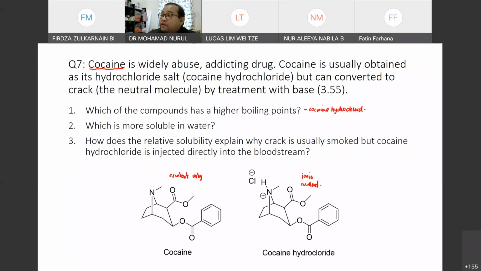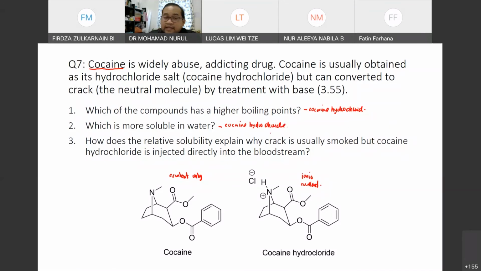And which one is more water soluble? As we know, cocaine hydrochloride also has all, including the ionics. So that's why cocaine hydrochloride is also more water soluble.